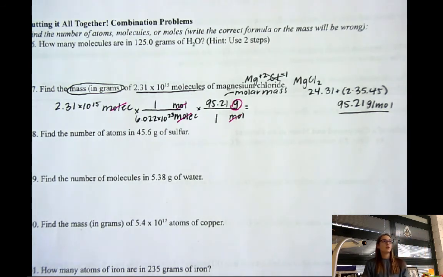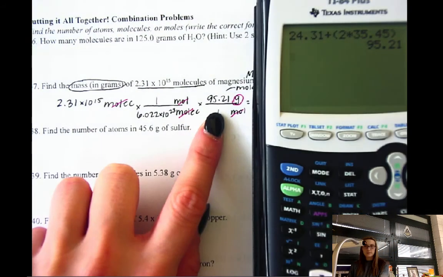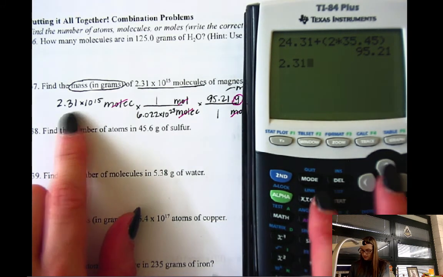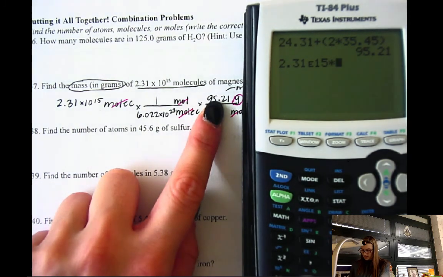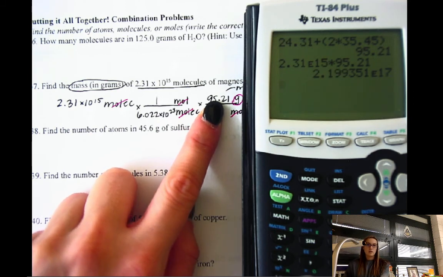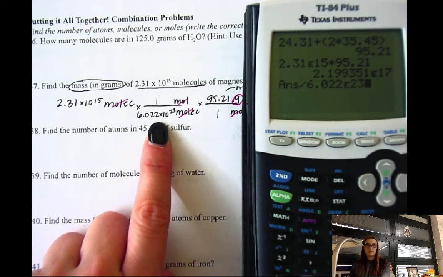Now we just have to go through and multiply and divide. So the way to solve this is you multiply across the top. So 2.31 E15 times 95.21, and then we divide by what's on the bottom. Divided by 6.022 E23.